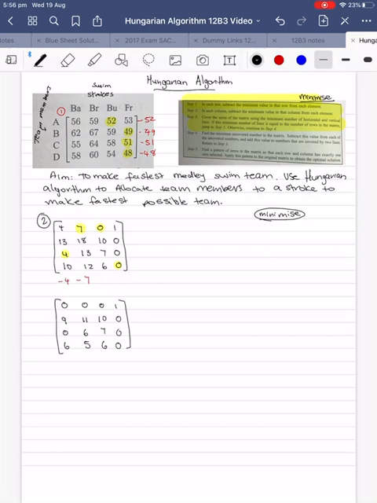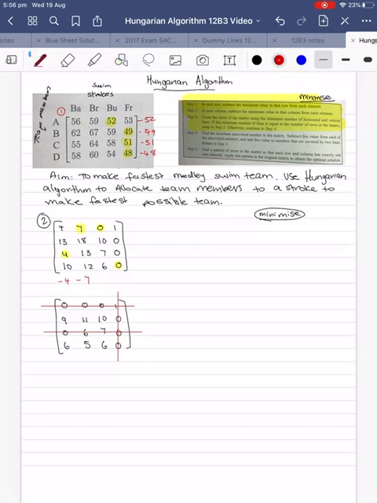Step 3 says, now we need to cover the zeros with a minimum number of lines, horizontal or vertical lines. I can see there's 3 there, I can see there's 3 there, I can see there's one more. It doesn't matter which way I go, so I might just go here. I could have gone here as well, it makes no difference, so I'll just go there.